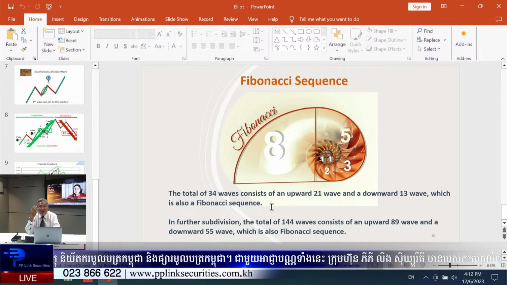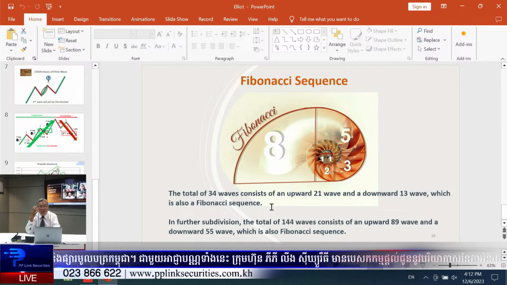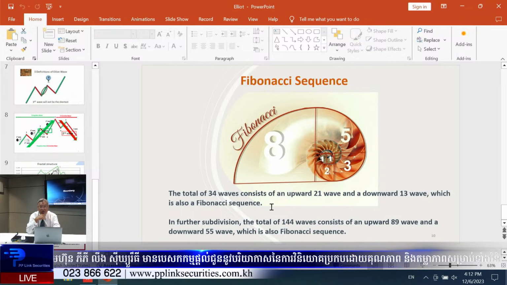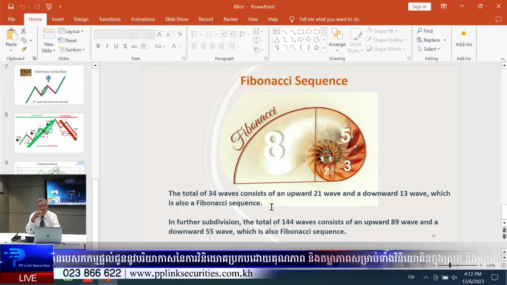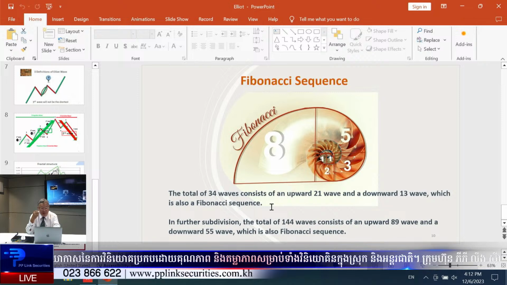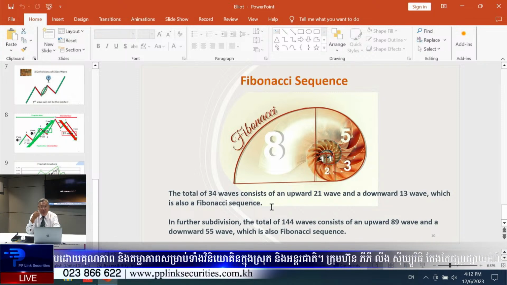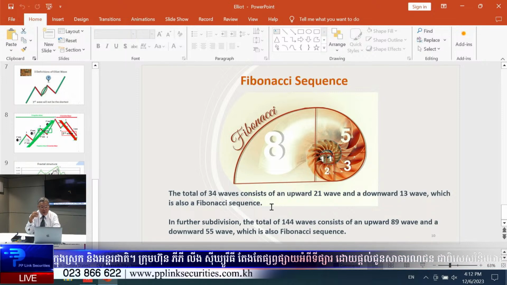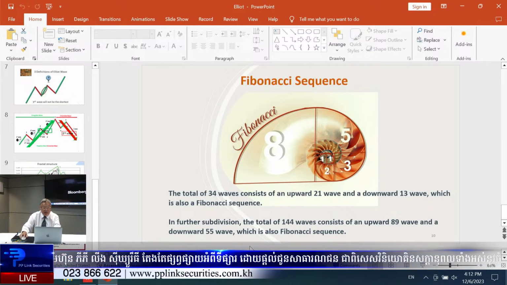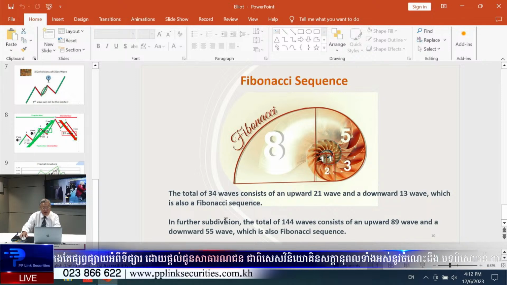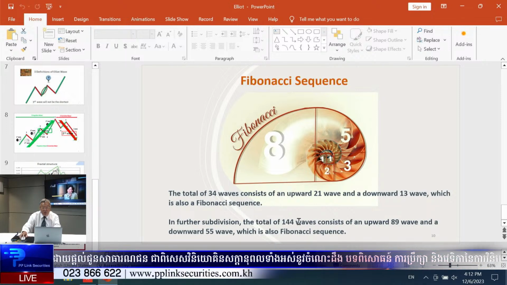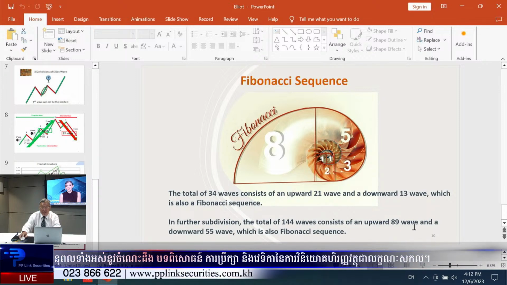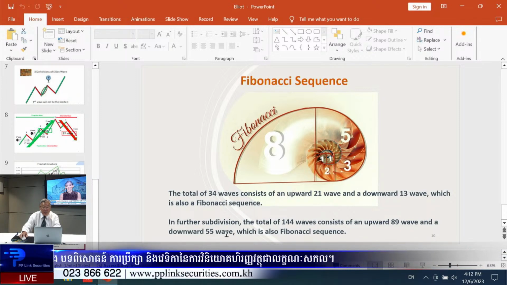But I cannot explain why Fibonacci is so useful. There is no logical explanation. This is a super natural phenomenon, okay? But I cannot explain why this Fibonacci sometimes applies to our industry, particularly for chart reading. In the further subdivision, the total of 144 waves consists of upward 89 waves and downward 55 waves.